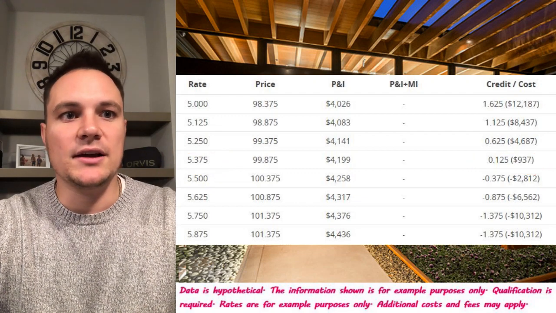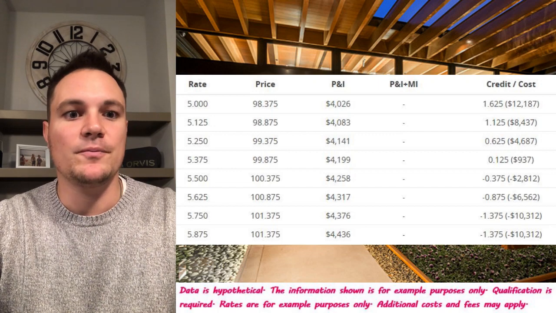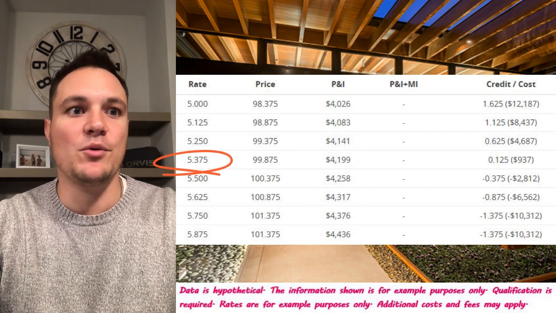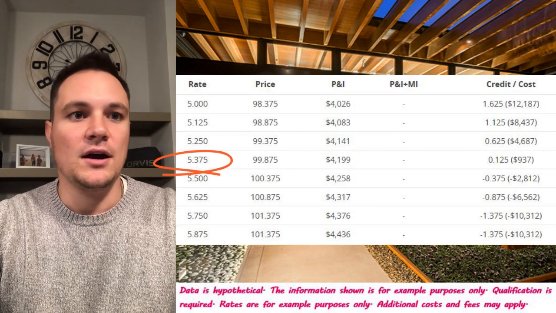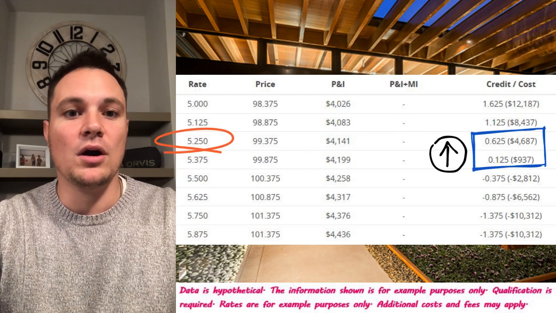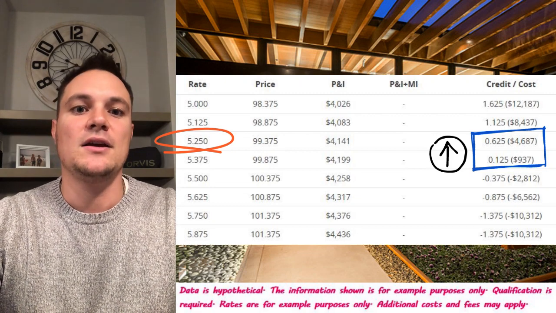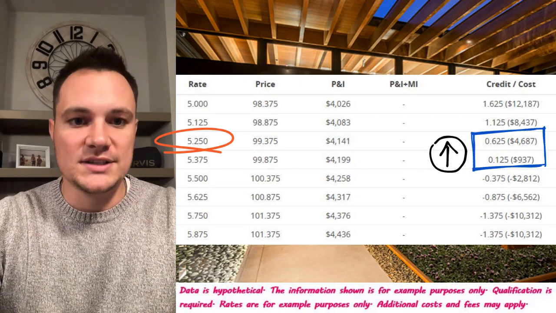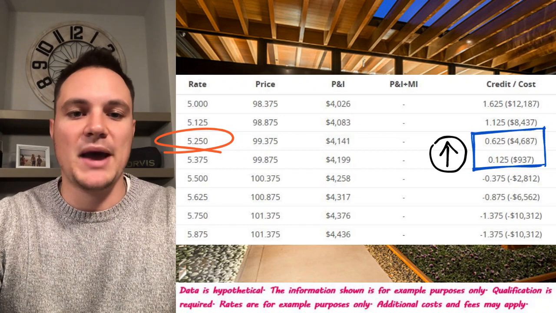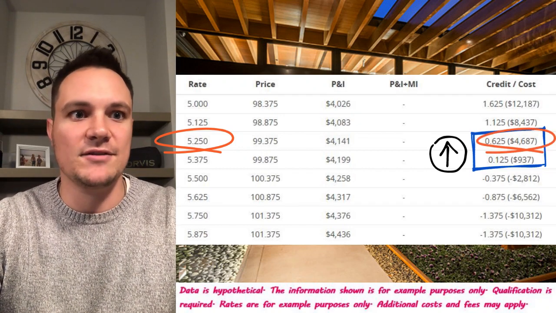You can then calculate your trade-offs or break-even dates with this. So for example, if you didn't want that base rate, that 5.375, you could spend $37.50 more on closing day to get the rate right above it, the 5.25%. So then instead of paying $937 in extra closing costs past the standard amount of closing costs, you would then pay $46.87.